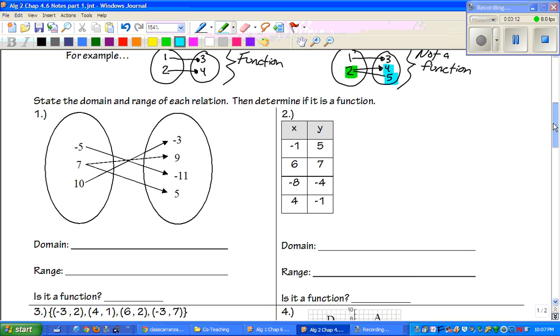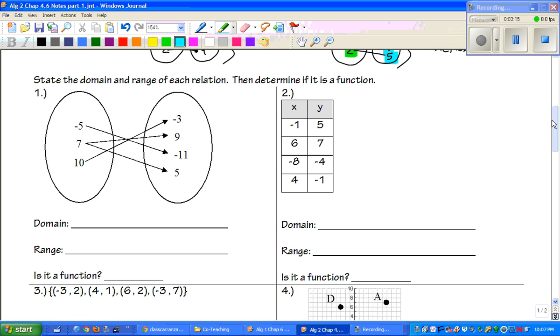All right, so let's go through some problems. It says to state the domain and the range of each relation, then determine if it is a function. Okay, so the domain is right here. All the domain is -5, 7, and 10.